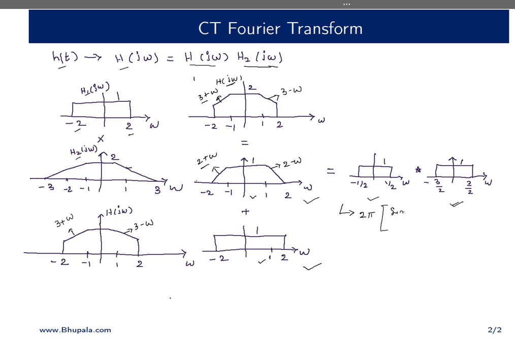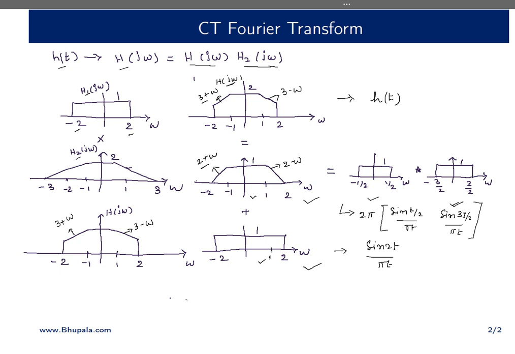Hence for the first one, the inverse Fourier transform would be sine t by 2 by pi t multiplied with sine 3t by 2 by pi t. Similarly, this one will have h of t as the inverse Fourier transform, and this one will have sine 2t by pi t as the inverse Fourier transform.